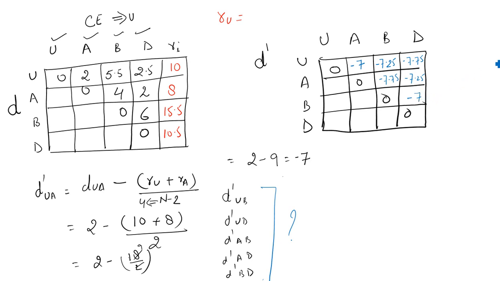So you will see here we have minus 7.75 two times and minus 7.25 two times. Okay, so we have such kind of values. So you can take any value which you think is the smallest.